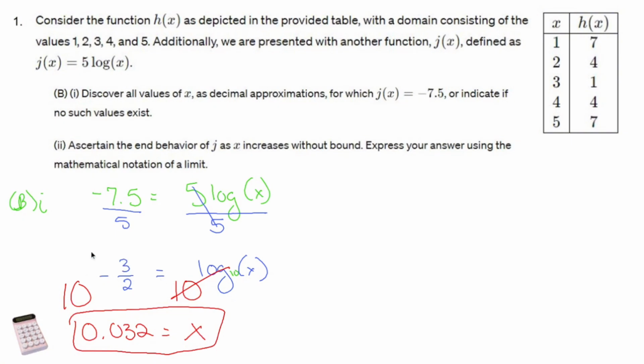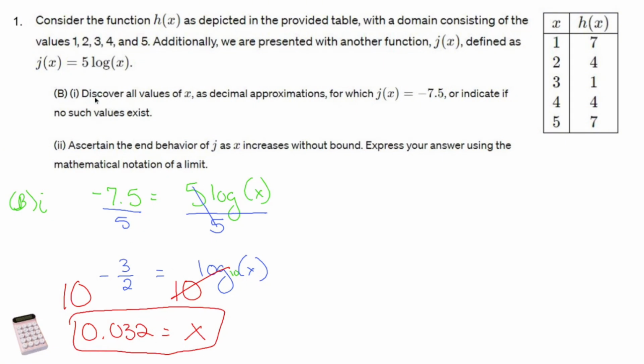This is asking you 1 over 10 cubed, but then take the square root of 10 cubed. So 1 over the square root of 1,000, big number. So 1 over a big number is going to give you a small number in the end. Now here's where we have to just double check things. Since this was j of x, plug that in, can I take 5 log of 0.032?